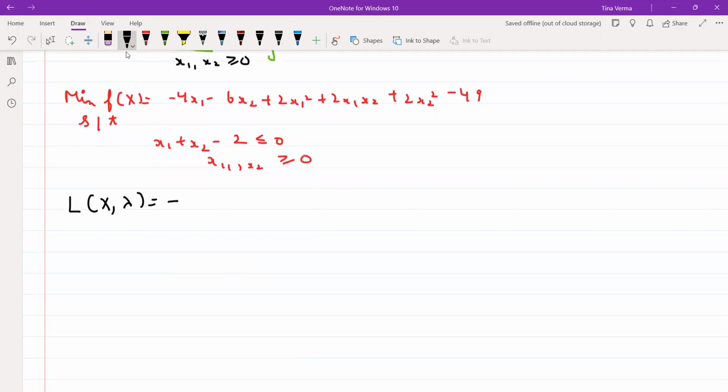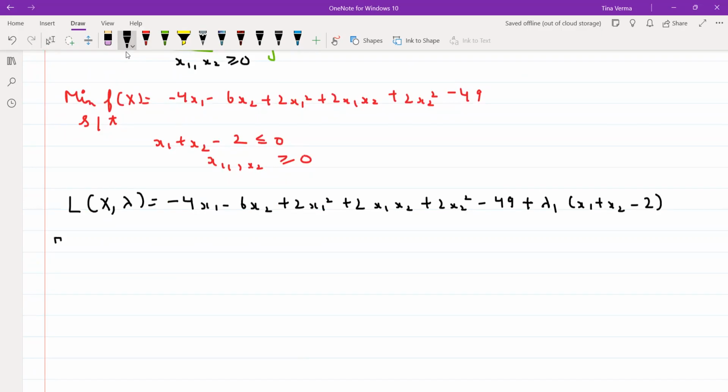It will be minus 4x1 minus 6x2 plus 2x1 square plus 2x1x2 plus 2x2 square minus 49, and here I have only one constraint, plus lambda 1 times (x1 plus x2 minus 2). Now, what are my KKT conditions? I have to take curl L by curl x1 equal to 0, and curl L by curl x2 equal to 0.